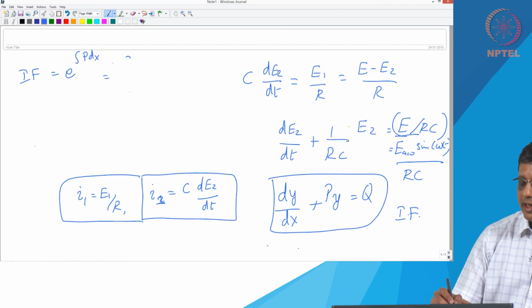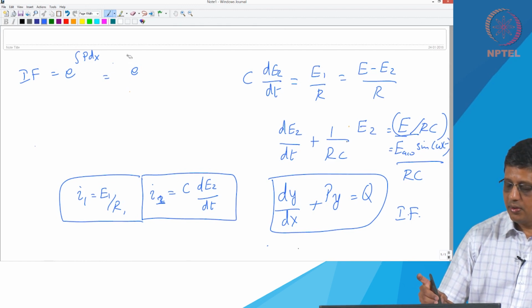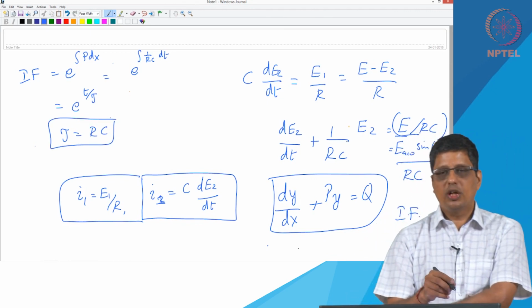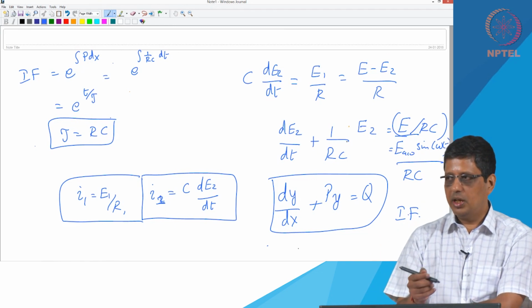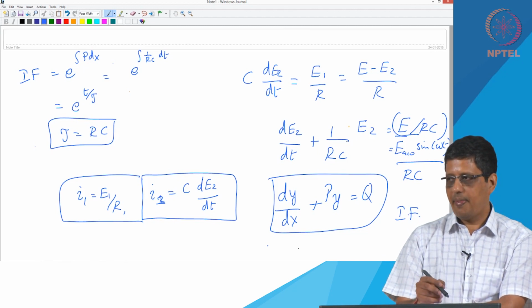In this case, we will write it as where we say a time constant tau is the product of R and C. It has the units of time, we call it as a time constant. We will write the integrating factor as e power t by tau.